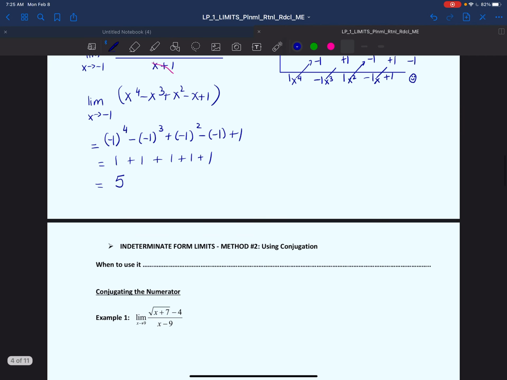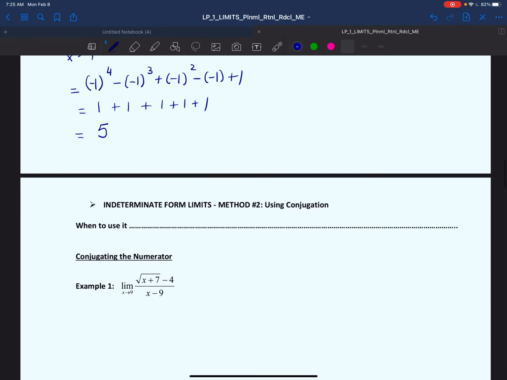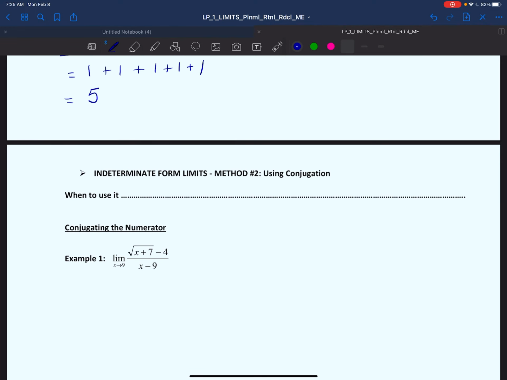Now we're going to move on to another method of limit evaluation, which is called conjugation. When do we use it? We use this when the expression is in rational form and it involves radical numbers.